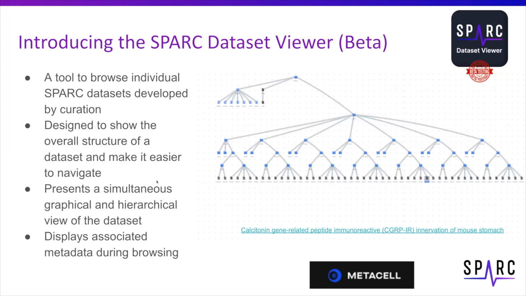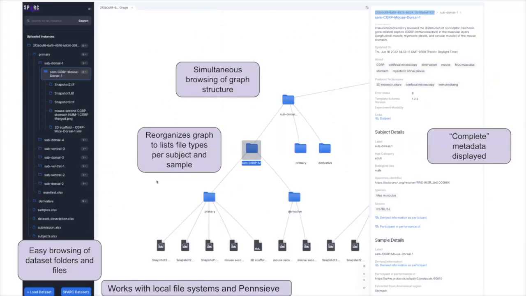So if we look at a little bit of the interface itself, this is what the tool is going to look like. It essentially has 3 windows. The first window over here is all of those folders and files that are now presented in a hierarchical form. But unlike the SPARC portal, where if you open the primary folder, you can't see what's in the derivative, here you can navigate and look at all of these simultaneously.